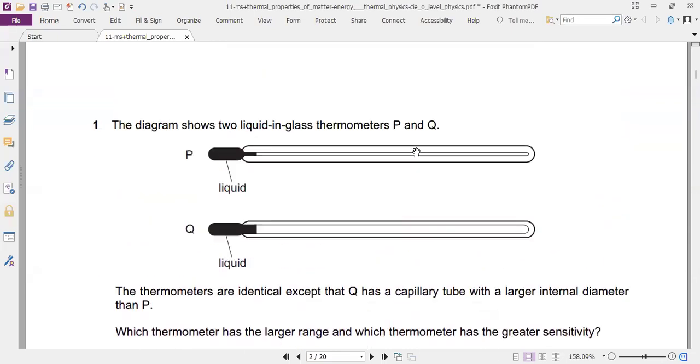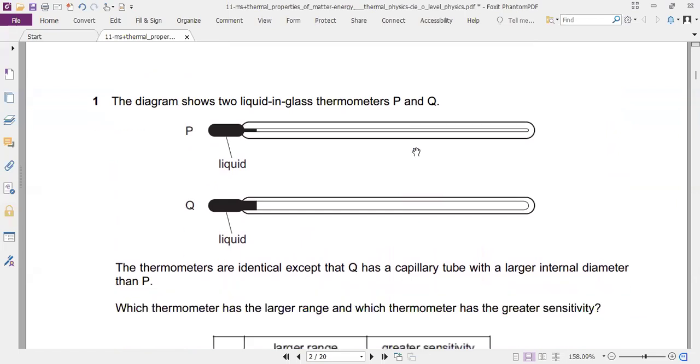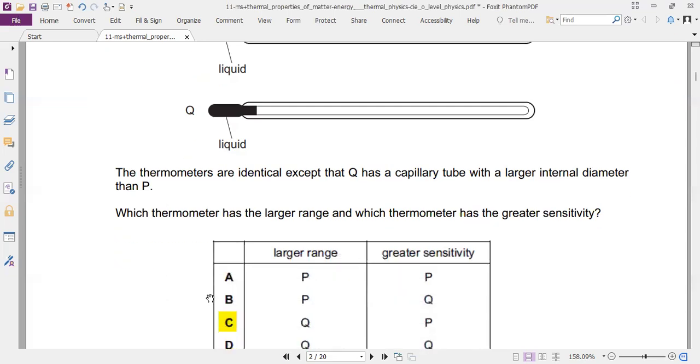So first question, although not included in your curriculum syllabus, these are two thermometers. Thermometers are identical except that Q has a capillary tube with a larger internal diameter than P. So which thermometer will have the larger range and which has a greater sensitivity?